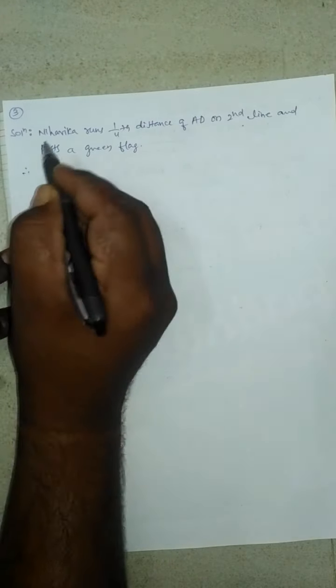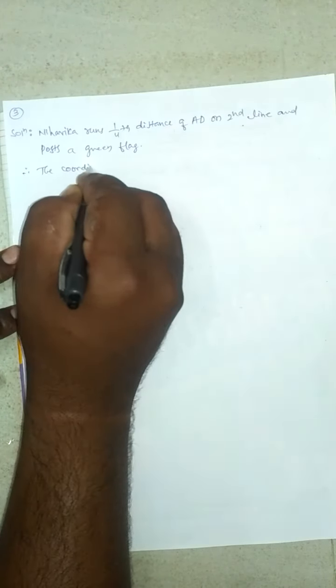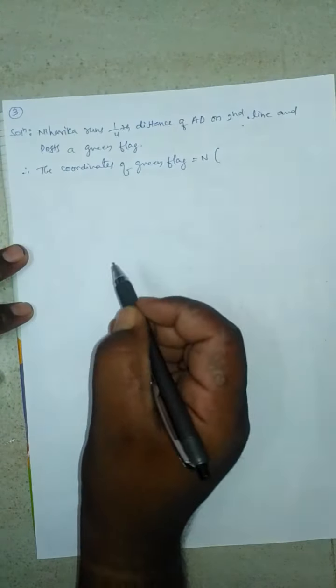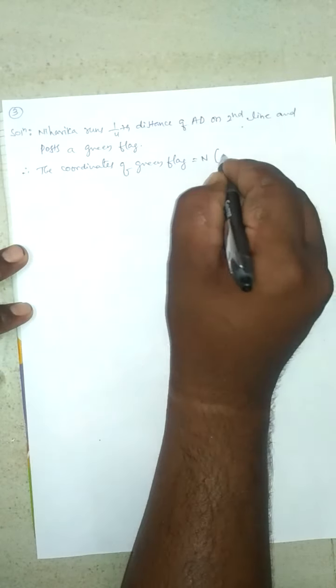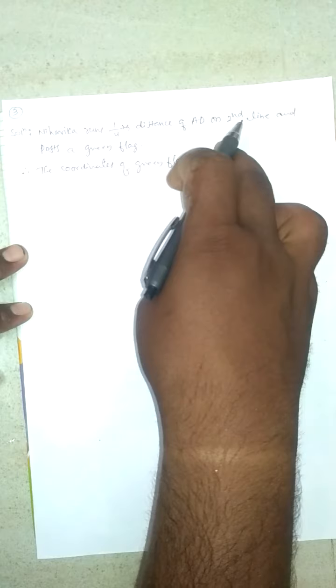Therefore, the coordinates of green flag, that is equal to N of, here second line means we have to take x value as 2. Here 1/4 of distance AD. Total distance is 100 meter.